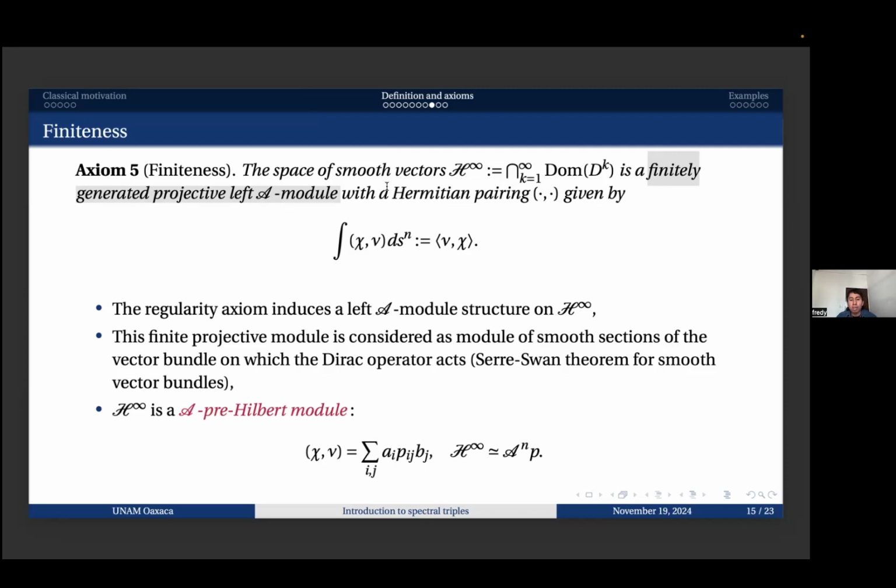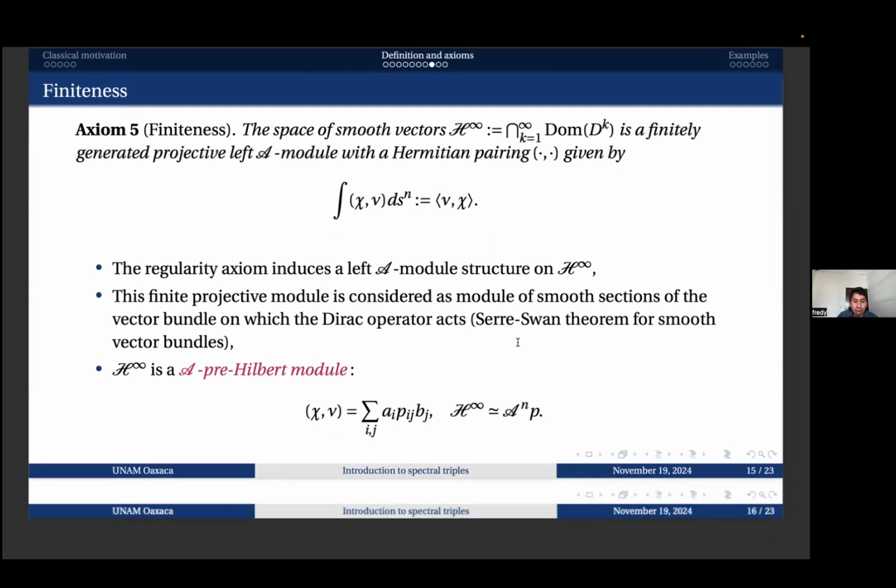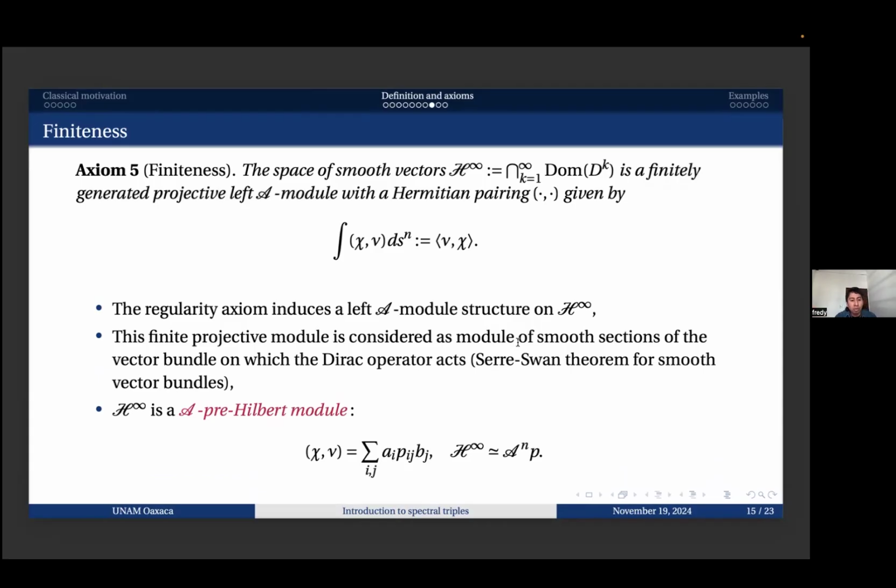We can forget, for the moment, the condition on the Hermitian pairing. If we have finiteness, we get that H infinity is actually a pre-Hilbert module.